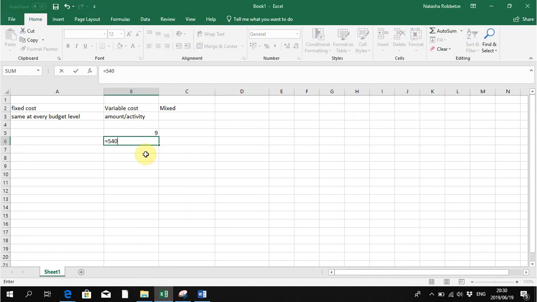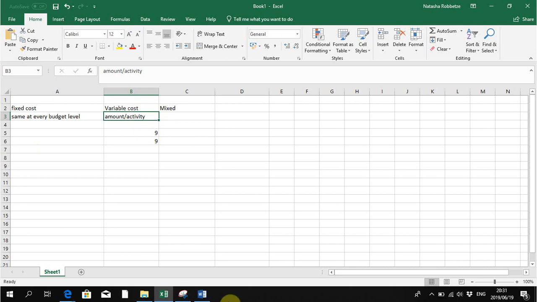I say 540,000 divided by 60,000 units, and I get 9 rand as well. So if you apply this formula, the amount divided by the activity, under both of the budgets provided, and the amount is the same, then this is a variable cost. So the variable cost is 9 rand.